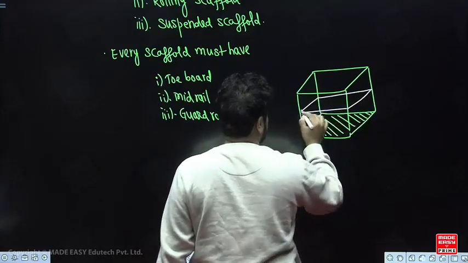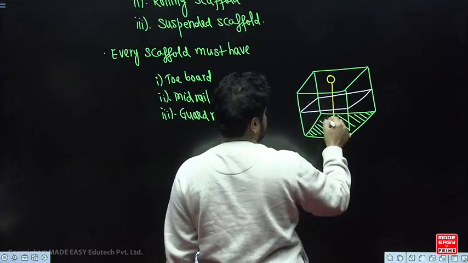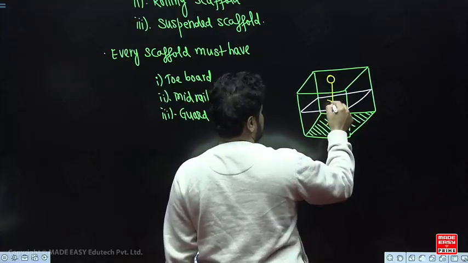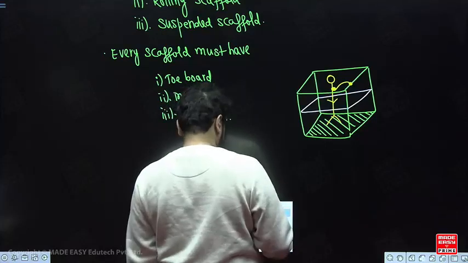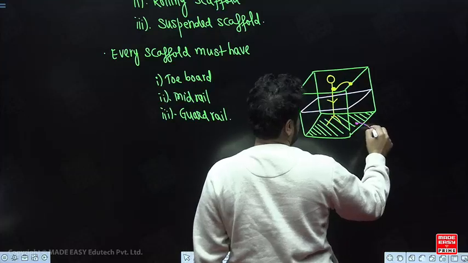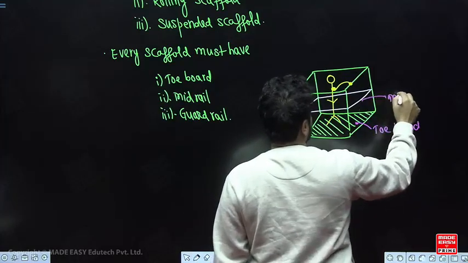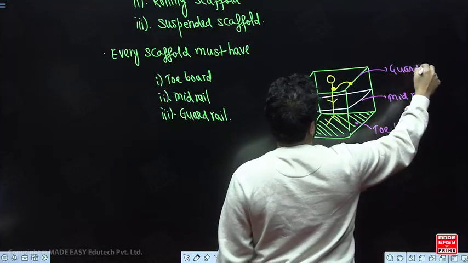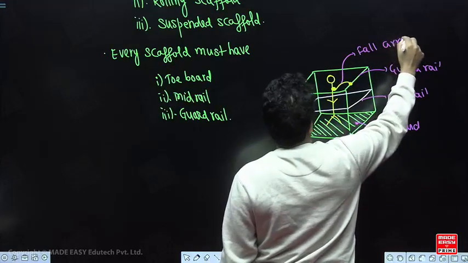Mid rail and guard rail. इस और जो आदमी होगा, जो इंसान होगा, so this is a human, so they will use fall arrest system and they will fix it, right. तो ये क्या हो गया आपका, so this one is your toe board, this is your toe board जिस पे आदमी खड़ा होगा, this is your mid rail बीच वाला, and this is the guard rail, correct, and this is your fall arrest system.